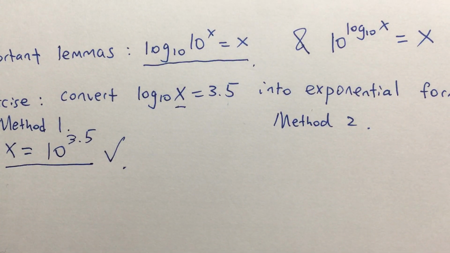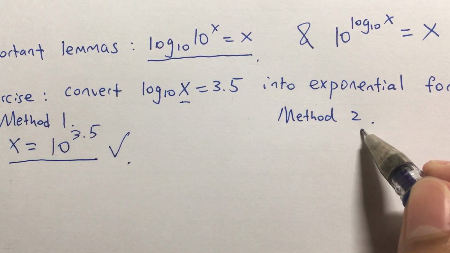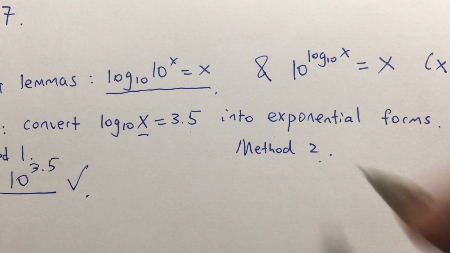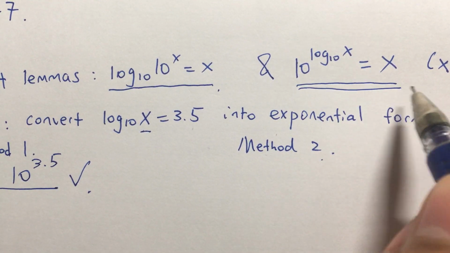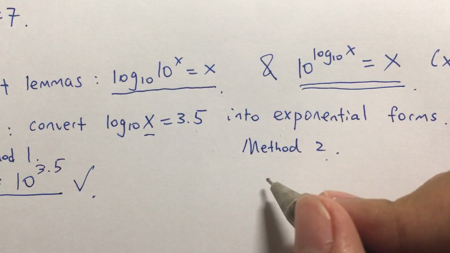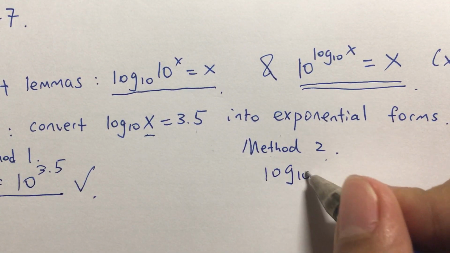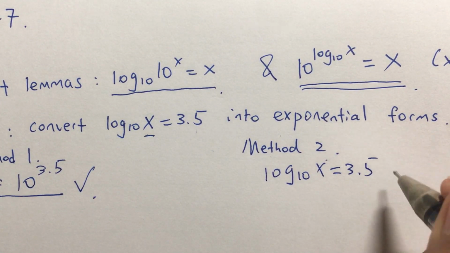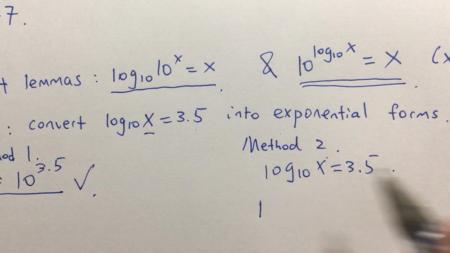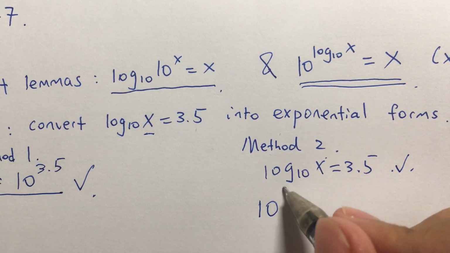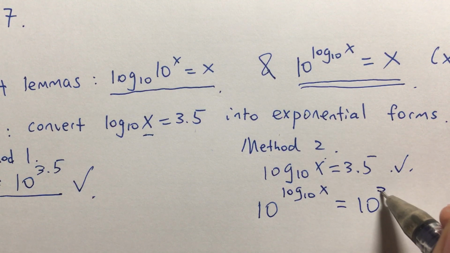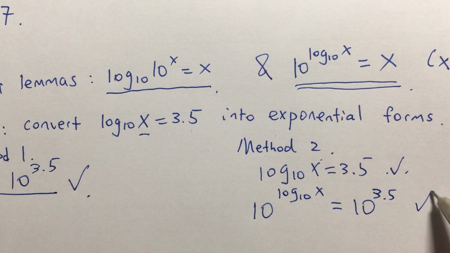However, we have another method. We need to use these important lemmas. Because we already know that log base 10 of x equals 3.5, then 10 to the power of log base 10 of x equals 10 to the power of 3.5 should also be true.